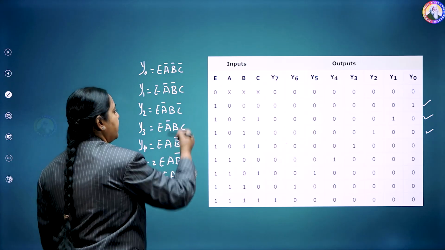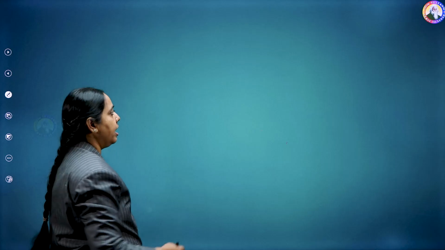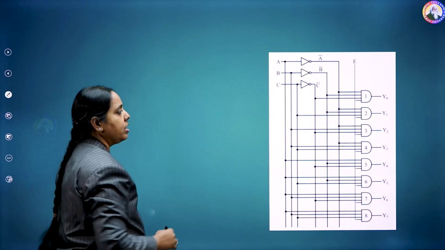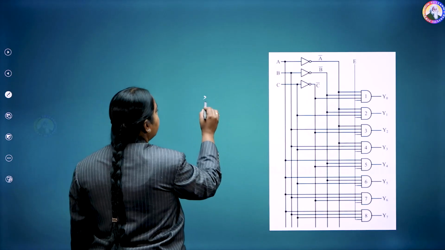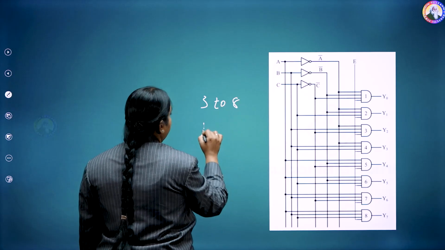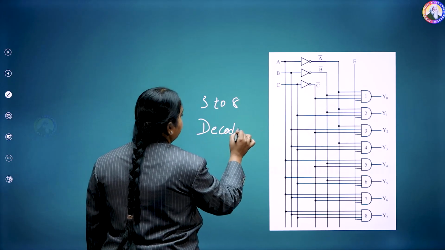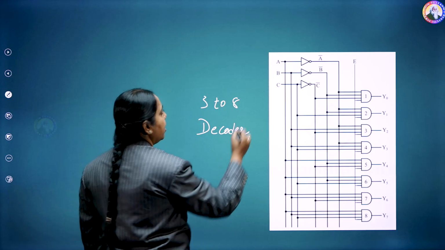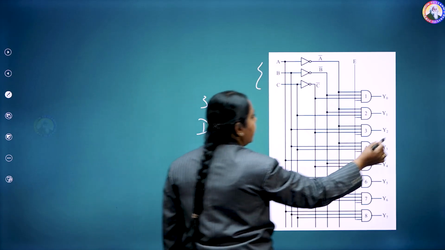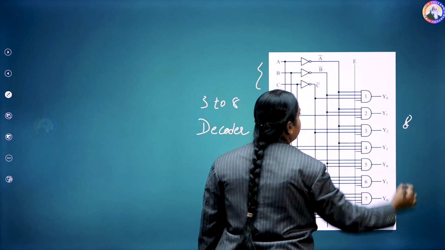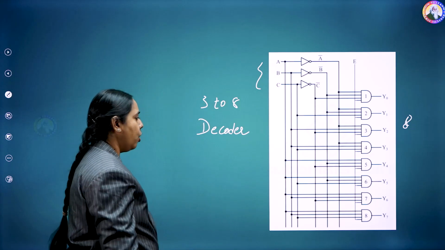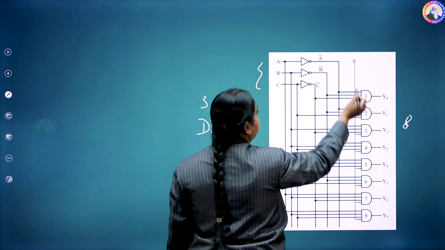All this I am representing in the logic diagram like this. So, this is the logic diagram representation of the 3 to 8 decoder, with 3 inputs and 8 outputs. So, here is the select line.